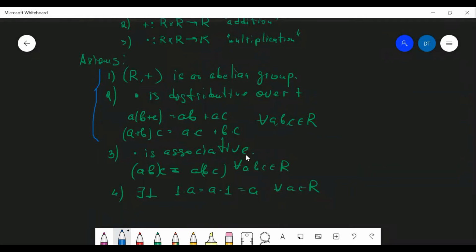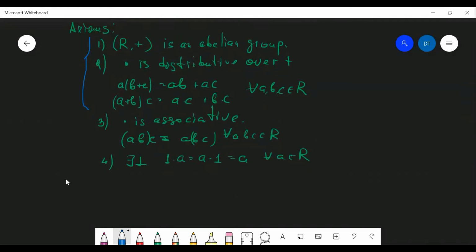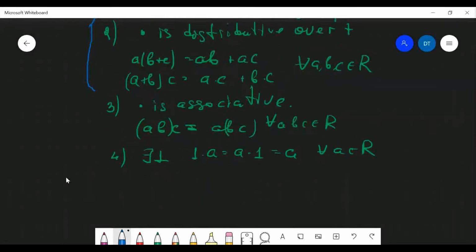But I just want this set of axioms to define a ring. So for us, a ring is just a set with two operations with these four axioms. So let me write it like this: R, plus and dot is a ring, just by definition.